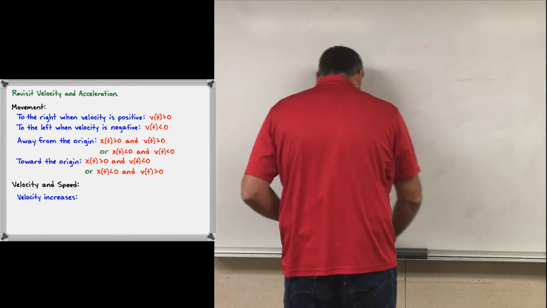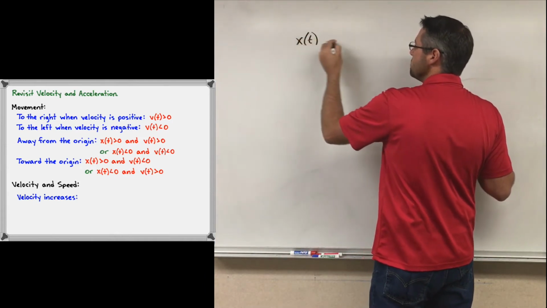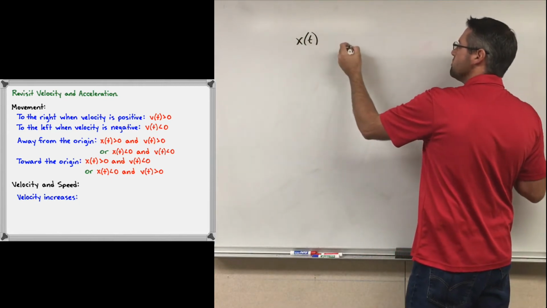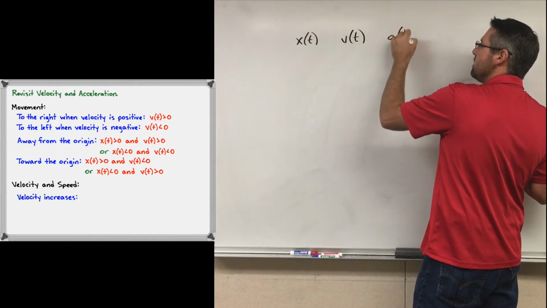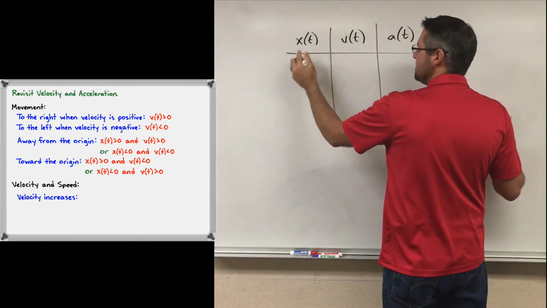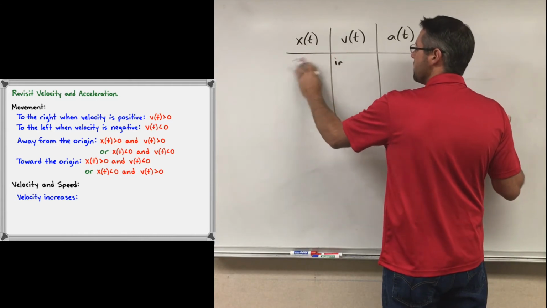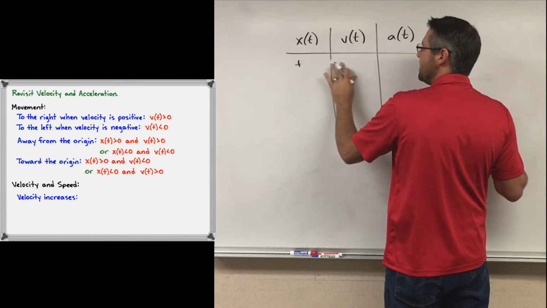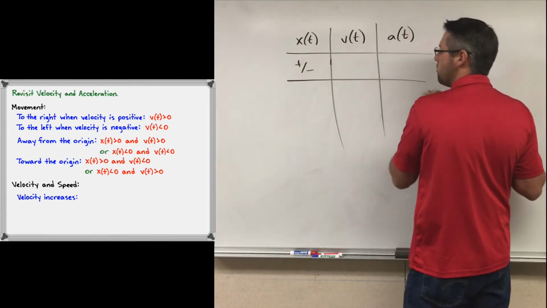And why is that? Well, if you think of the chart, and we will be more and more exposed to this chart as time goes on, okay? We have three different functions, and they all interrelate. If position is positive, that doesn't imply anything for velocity. Same thing if position is negative. That just tells us which side of the origin we're on.